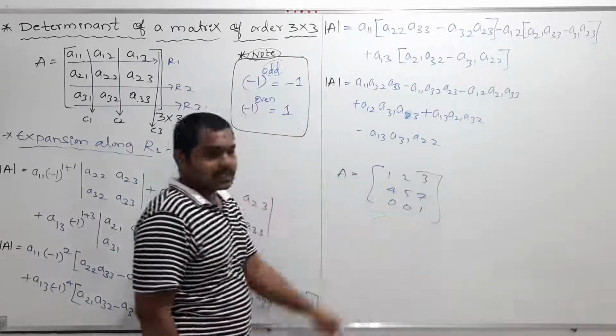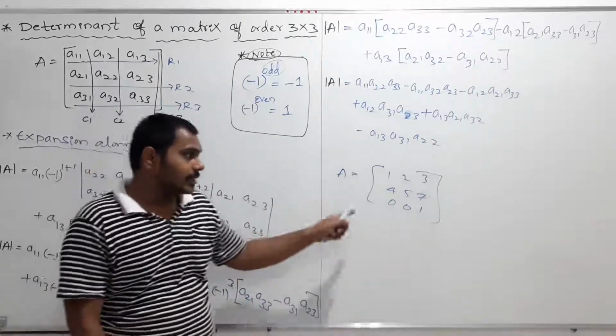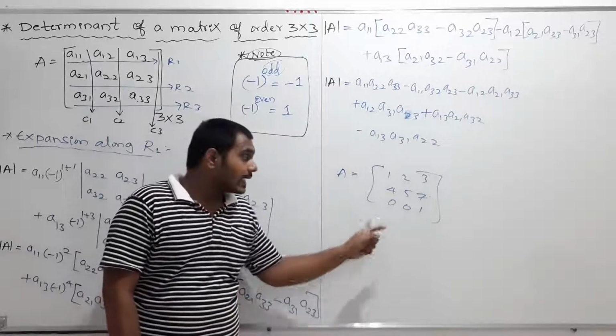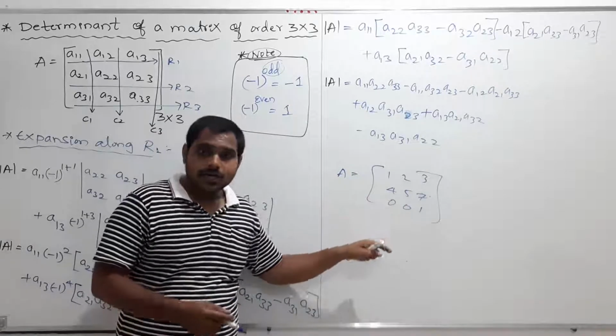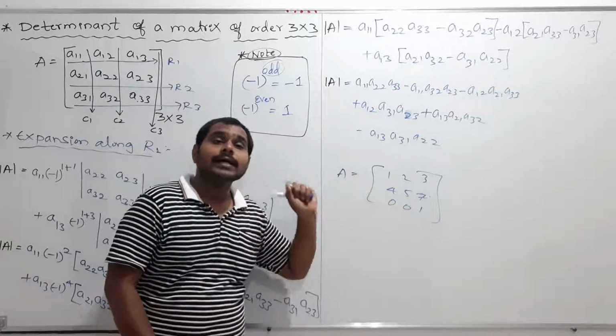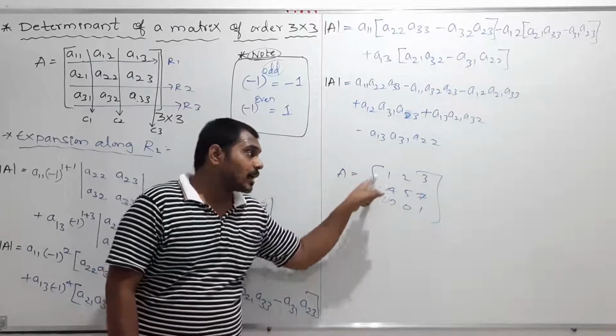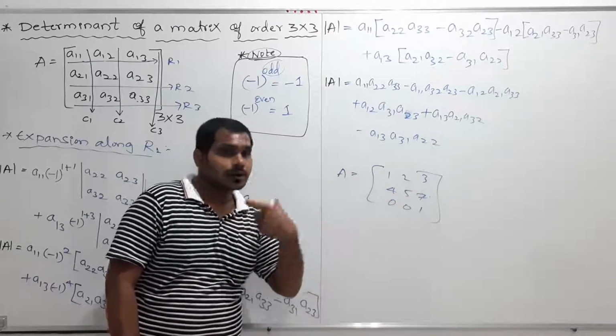If the matrix is like this, and they ask you to find the determinant, then again, as I told, you can expand along row 1, row 2 or row 3, whatever.